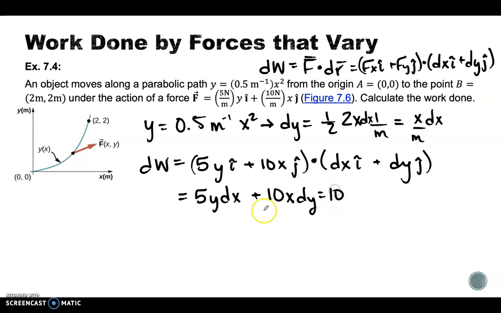We'll say 5 times y, which is 0.5x squared. Oops, this should have been 5. My bad. Let me erase that real quick. Eraser, boom. Okay, so this will be 5 times 0.5 x squared dx, plus 10x times dy, which is x dx.